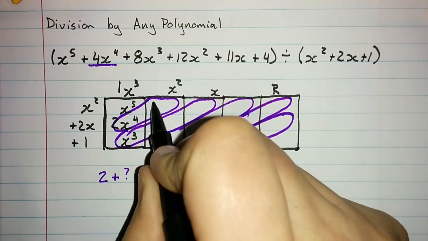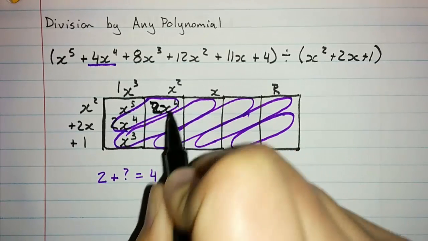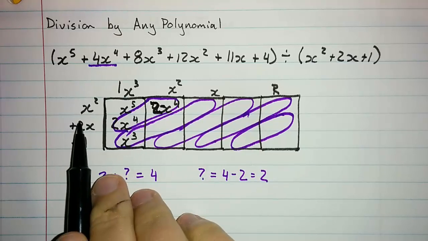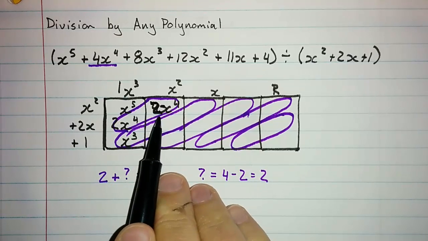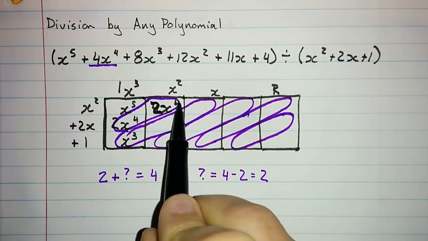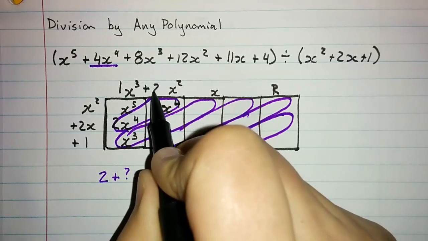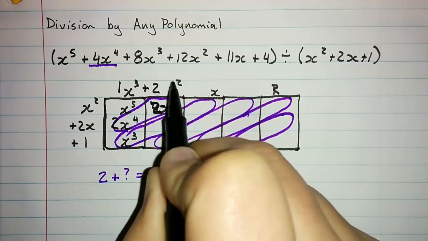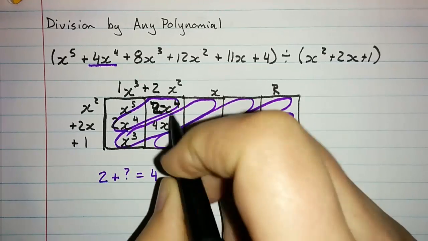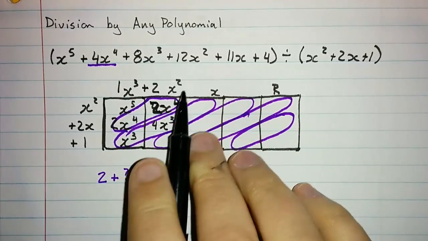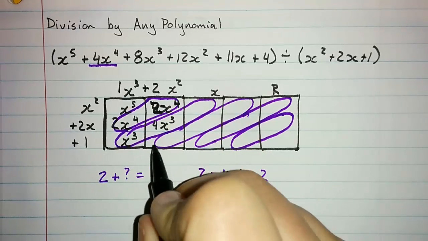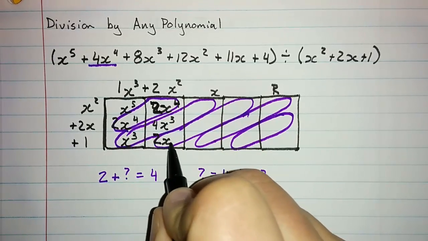So we must have 2x to the 4th here. What do I need to multiply x squared by to get 2x to the 4th? Well, I need to multiply it by 2x squared. 2x squared times 2x is 4x cubed. 2x squared times 1 is 2x squared.